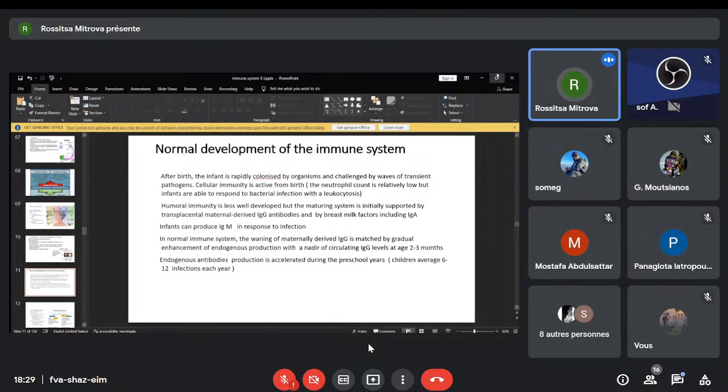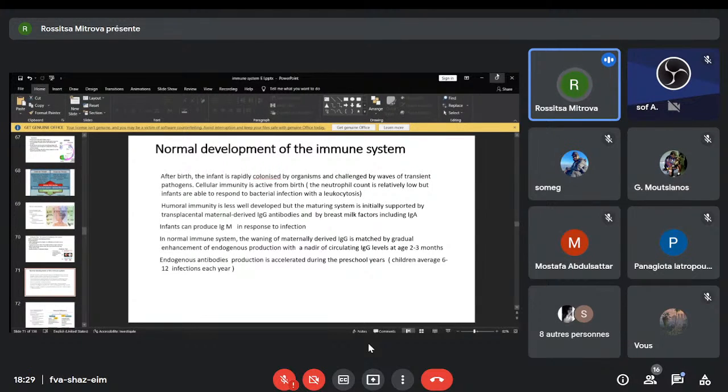Humoral immunity is less well developed, but the maturing system is initially supported by transplacental maternally derived IgG antibodies and by breast milk factors that include IgA, and infants can produce IgM as well in response to infection. In the normal immune system, the waning of maternally derived IgG is matched by gradual enhancement of endogenous production, with a nadir of circulating IgG levels at age 2-3 months.